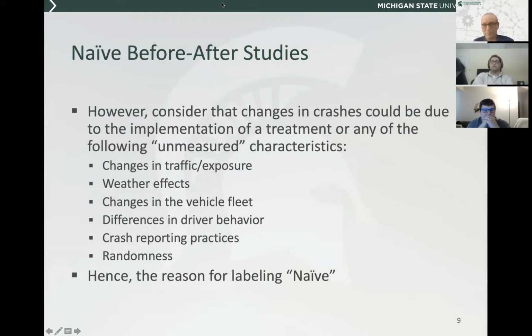Differences in driver behavior. So this is where we get towards, say, that 10-year time period, we might see some differences. And so if you think about things like the introduction of cell phones in vehicles, if we go back to the late 90s, those were still relatively low levels of saturation, and then that quickly increased very rapidly.